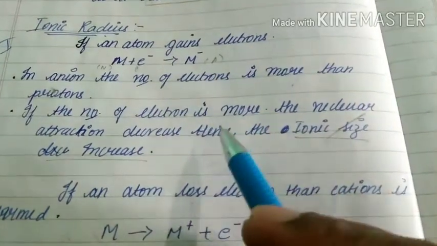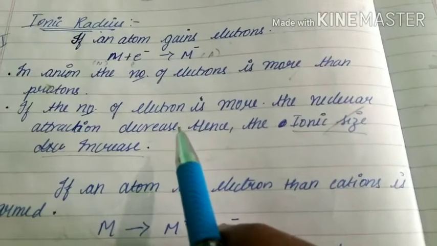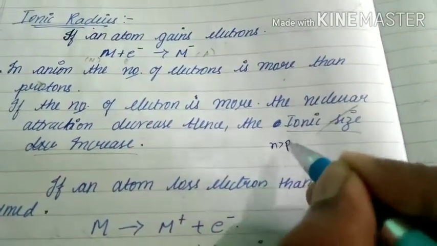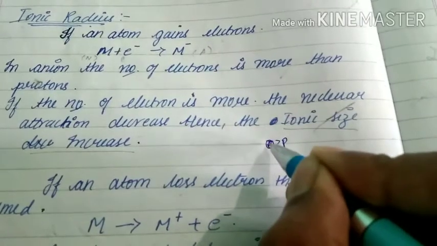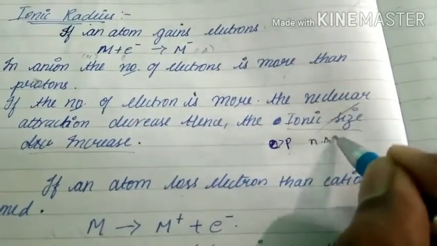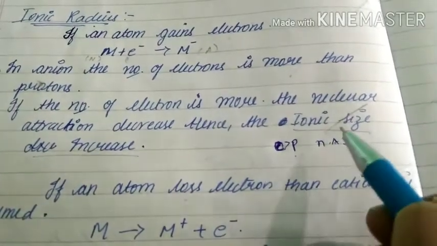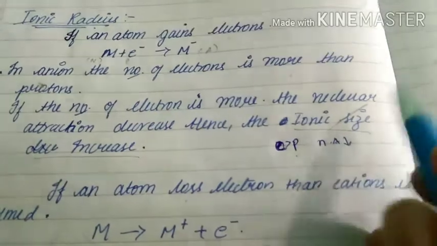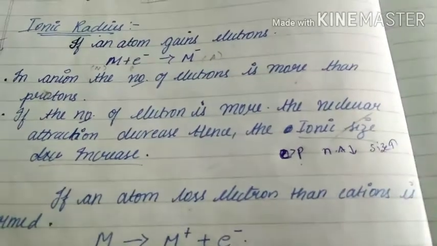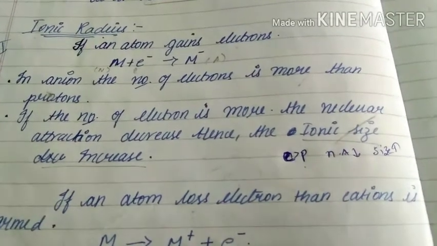If number of electrons are more compared to protons, then nuclear attraction decreases. That means attraction between nucleus and valence electrons decreases. Then size increases because the electrons are not ready to move towards the nucleus.